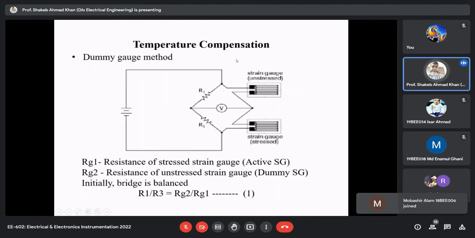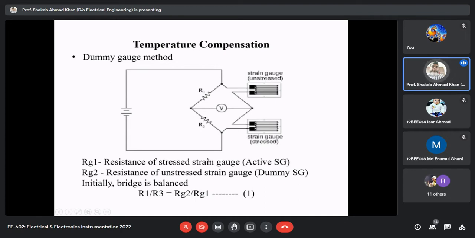So initially, for all these values of resistances, your bridge is balanced. Now if there is a change in temperature, obviously it will change the resistance of this strain gauge as well as the resistance of this strain gauge. If only a resistance change takes place in this strain gauge because of the strain, then your bridge will become unbalanced.